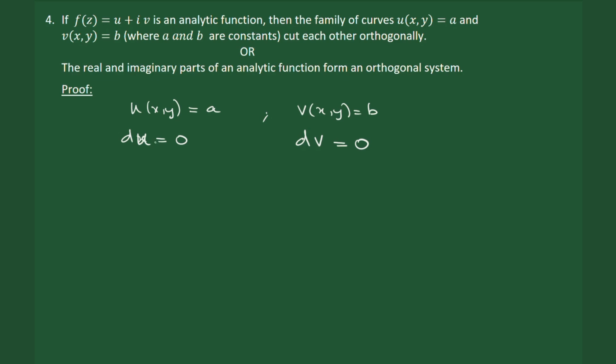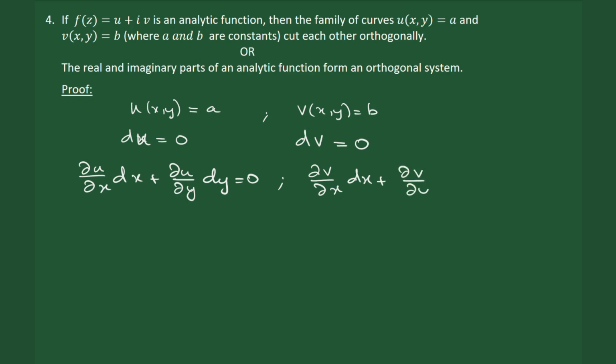Since du is equal to 0 and u is a function of x and y, using total differentiation we can express du as dou u by dou x into dx plus dou u by dou y into dy. Similarly, dv can be expressed as dou v by dou x into dx plus dou v by dou y into dy, equal to 0.